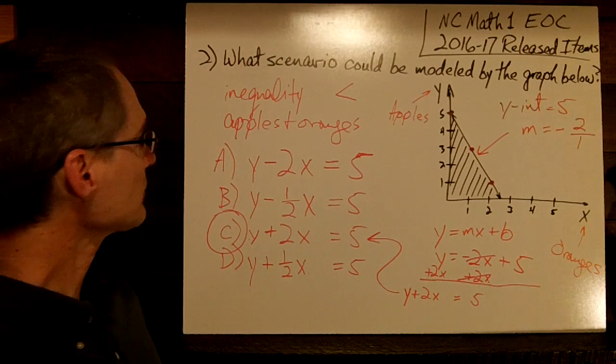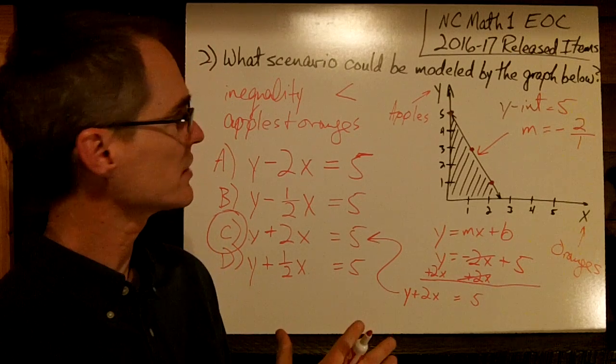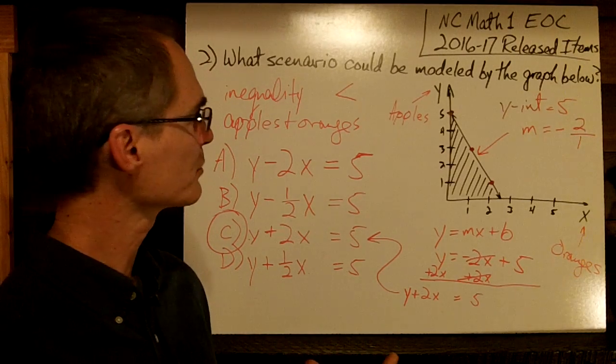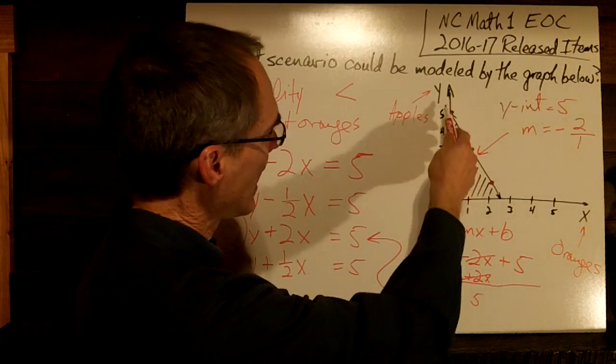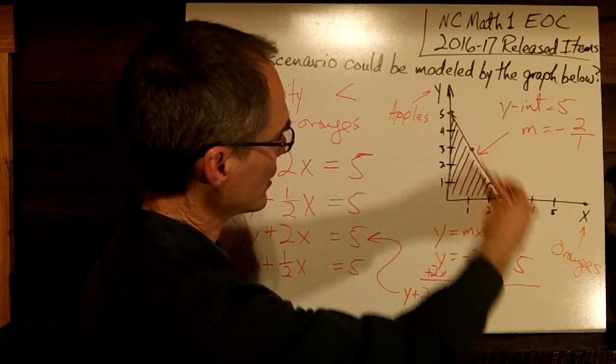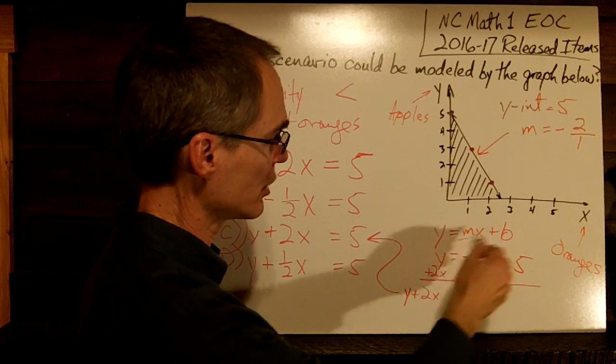All right. Now, notice some of the strategies that I used here when I was stuck on this problem. I noticed that I could come up with the equation of this straight line, because I could use the slope-intercept form.